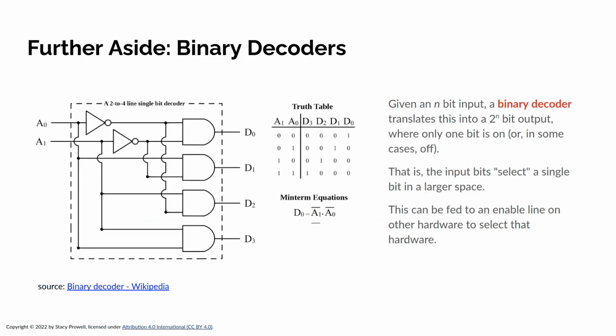And a decoder looks like this. So here's a 2 to 4 decoder. I have 2 input lines over here. That allows me to specify a binary number from 0 up to 3. 0, 1, 2, and 3. And whichever one I specify enables that particular line of output. So you'll see here, if it's 0, D0 is enabled, everything else is disabled.